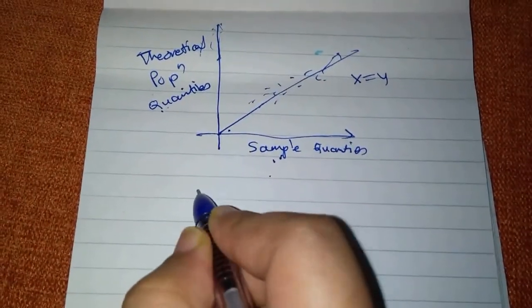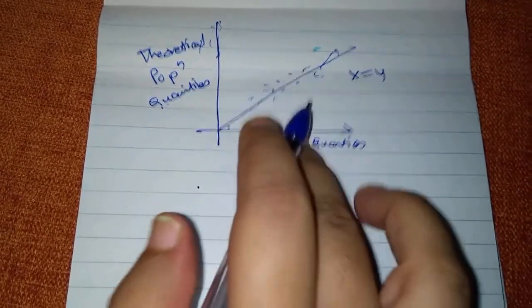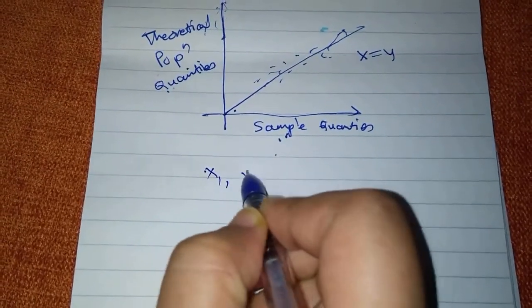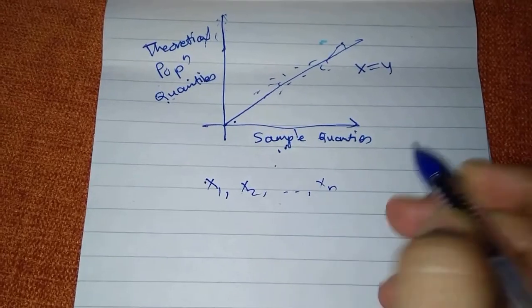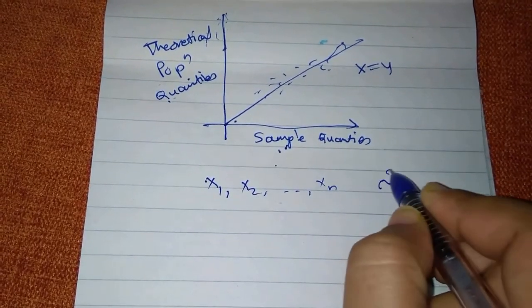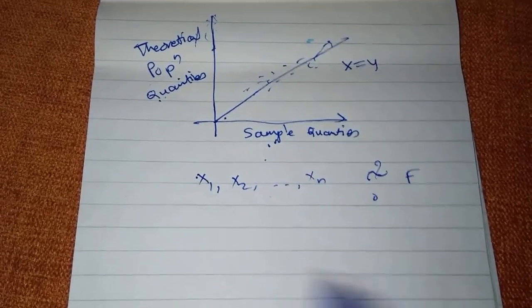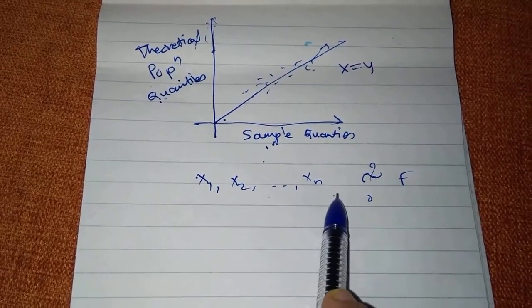Let us try to understand this in the univariate case. Suppose I have x1, x2, ..., xn, and I want to check whether they are coming from some particular distribution F. I have n observations.